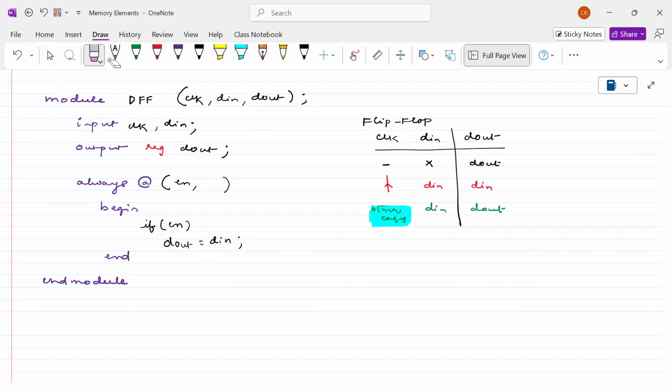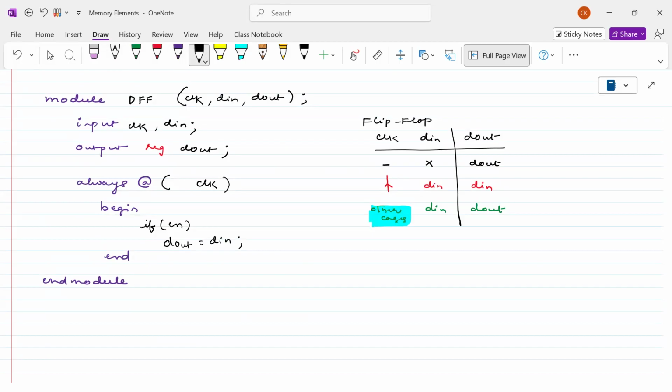That's the first thing. And instead of the enable signal, we have to use the clock signal. But what about the clock? If you write the clock here, the meaning is any change of the clock, either 0 to 1 or 1 to 0.